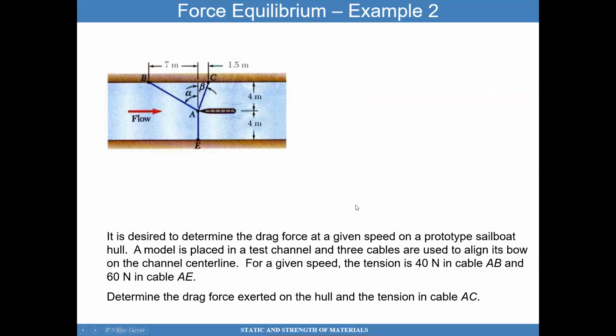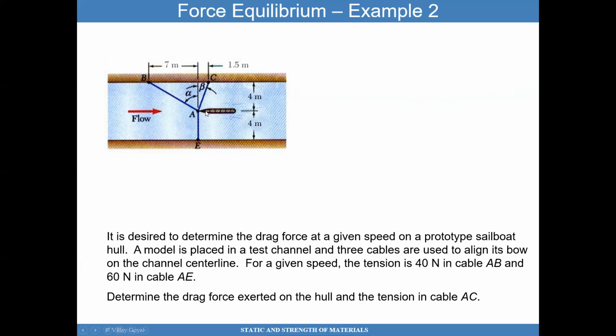I have another example here. In this case, I have a flow on a channel, and I have this prototype sailboat, and it's basically placed in this test channel, and has 3 cables attached to it. They're basically using a way to align its bow on the channel center line.